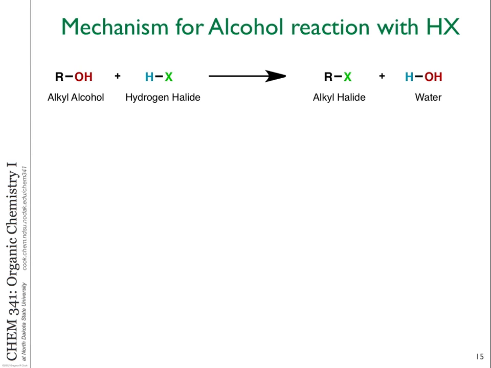Okay, so let's think about what this process might be doing. Can we propose some process by which the bonds break and the bonds form? Based on what you know from your chemical intuition, you've been studying chemistry now for at least a year and a half, or a year and some, what might be the first thing that could happen between an alcohol and a hydrogen halide?